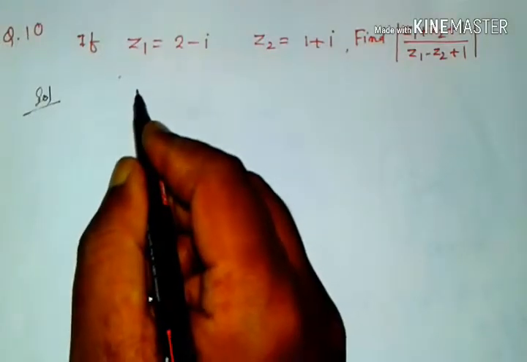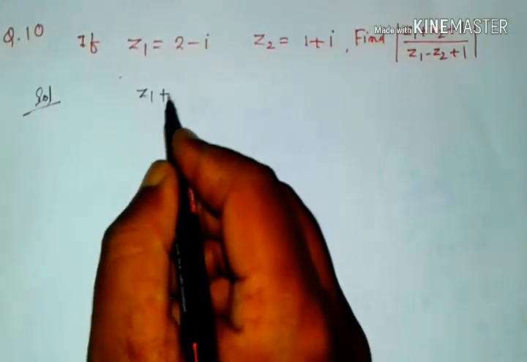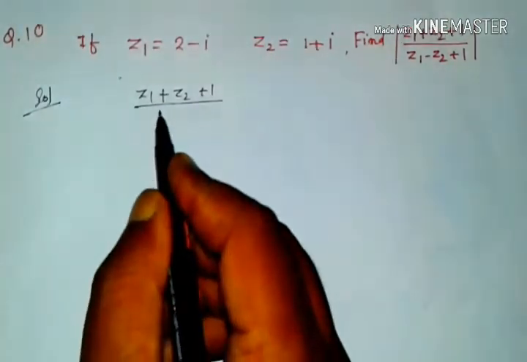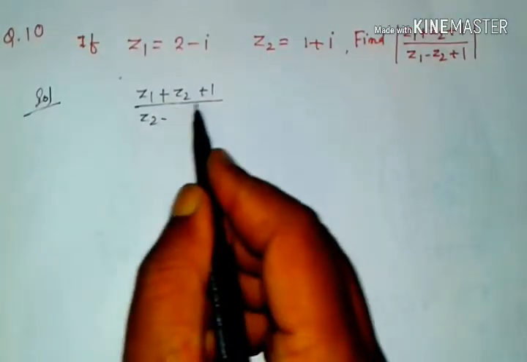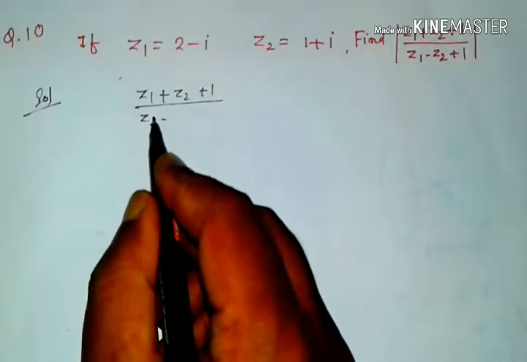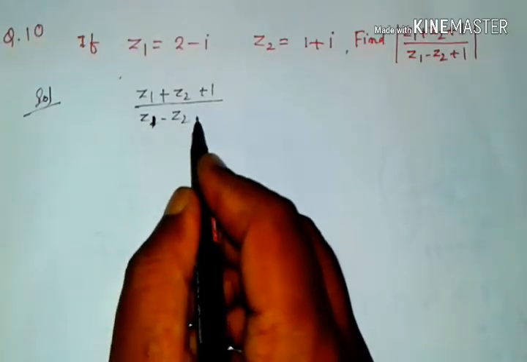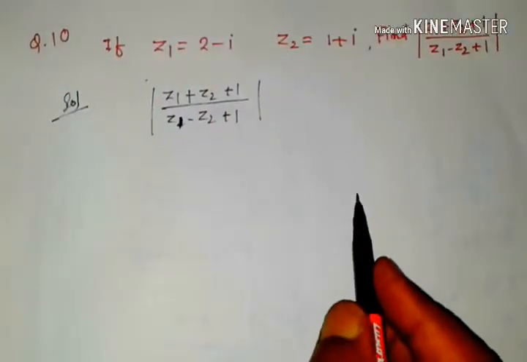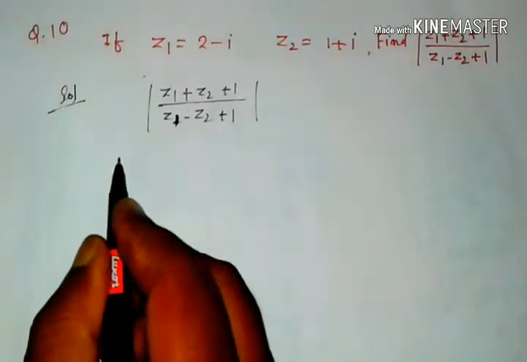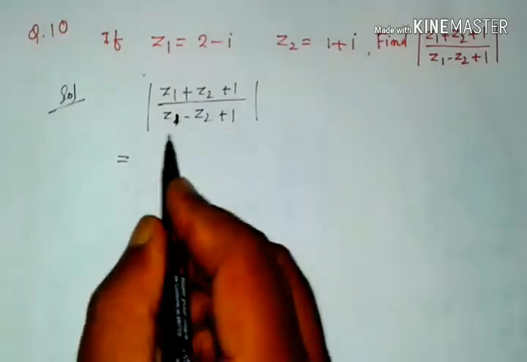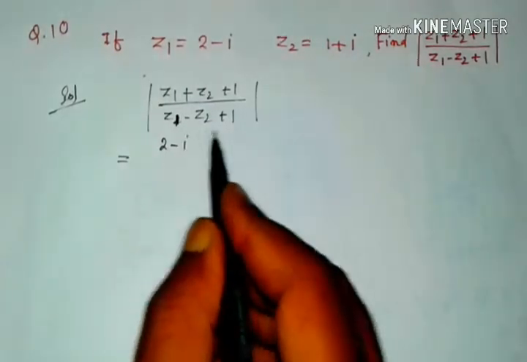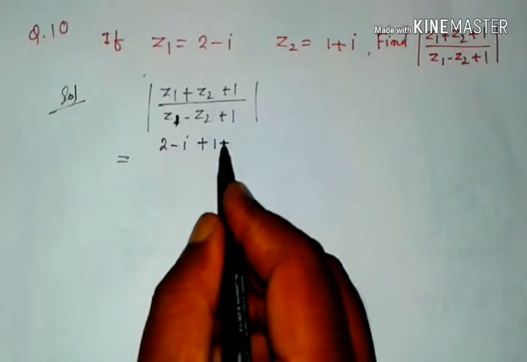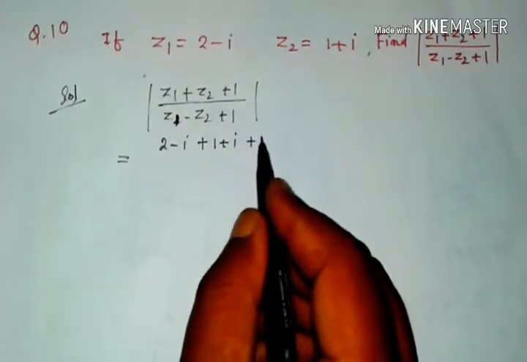So the modulus of (z1 plus z2 plus 1) by (z1 minus z2 plus 1). Here z1 is 2 minus i, and z2 is 1 plus i.